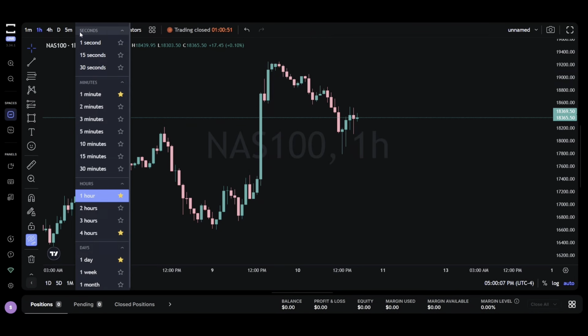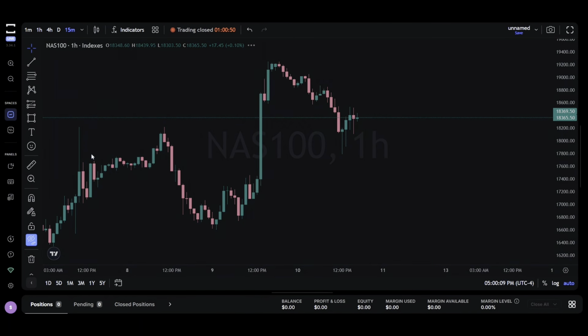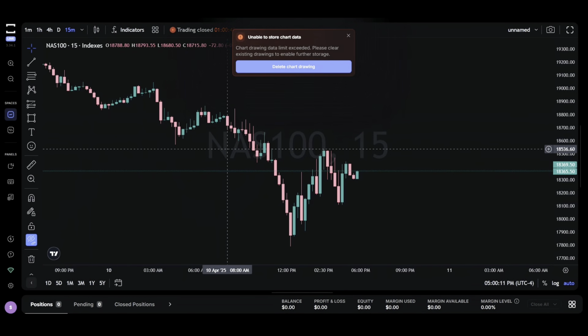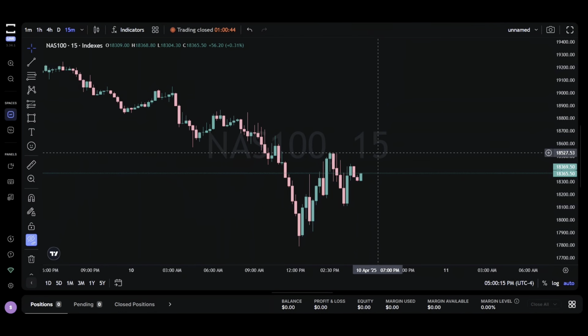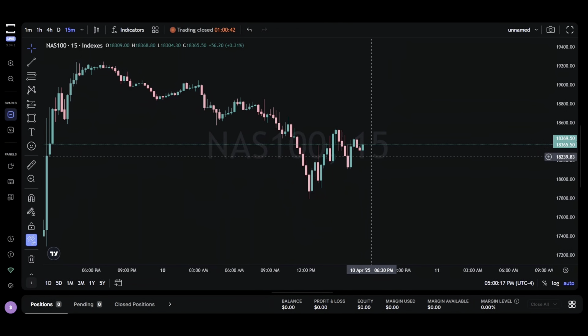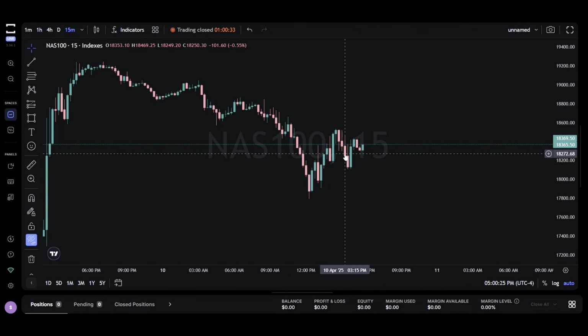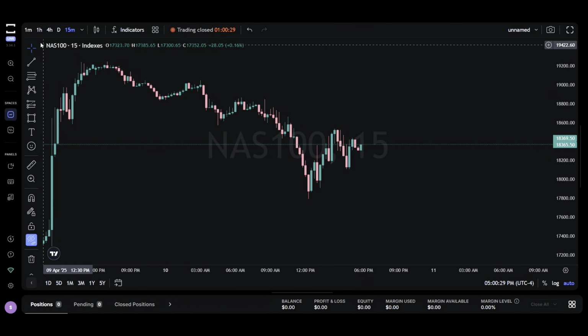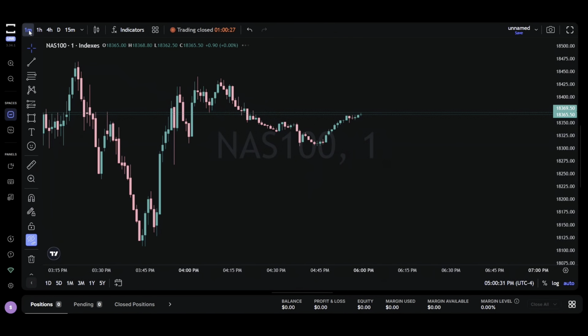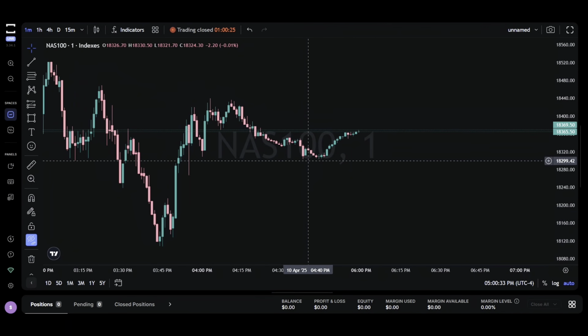Then you can move down to the 15-minute and it gives you a medium view. Let's put it like that. So each candlestick is 15 minutes worth of price movement. And then as we get into the lower time frames, here we have the 1 minute.